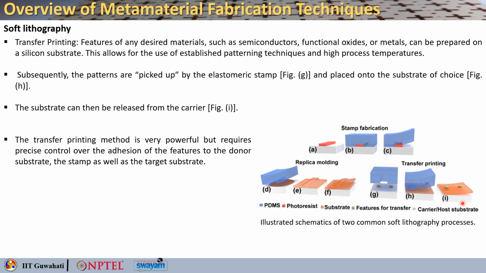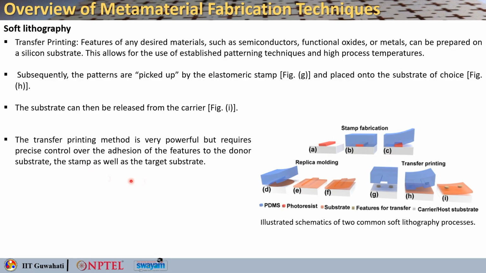The transfer printing method is also very powerful, but it requires precise control over the adhesion of the features to the donor substrate, the stamp, as well as the target substrate. By using soft lithography techniques, the limitations of plastic substrates such as high temperature expansion, poor adhesion, low processing temperature and chemical instabilities can be overcome.